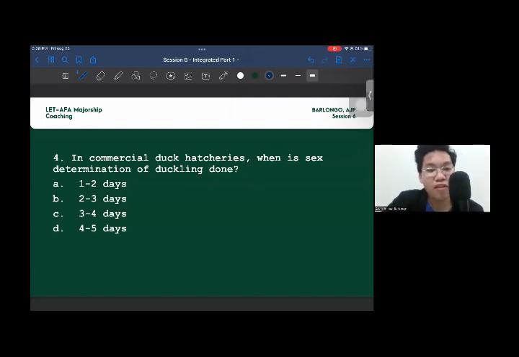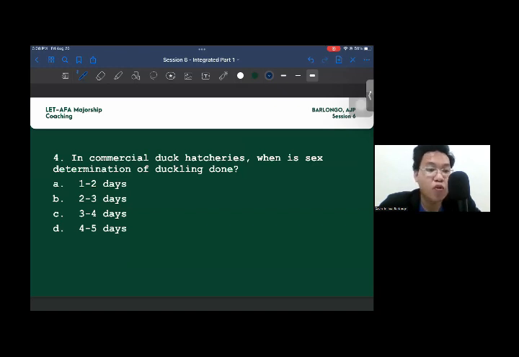Okay. So let us continue with item number 4. For item number 4, in commercial duck hatcheries, when is sex determination of ducklings done? A, 1 to 2 days, B, 2 to 3 days, C, 3 to 4 days, or letter D, 4 to 5 days.